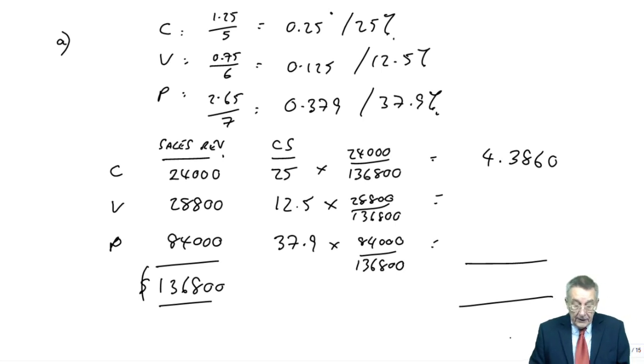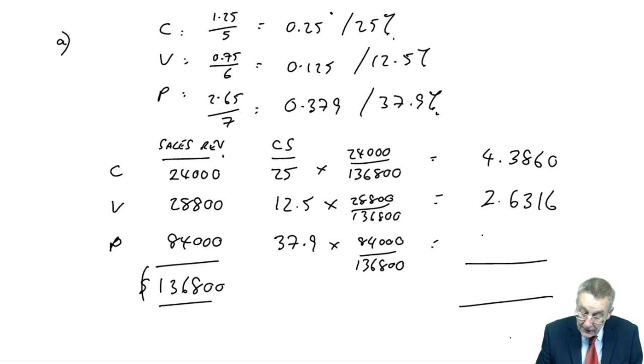For V, 12.5 times 28,800 out of 136,800 is 2.6316. And finally P, 37.9 times 84,000 over 136,800 is 23.2719.